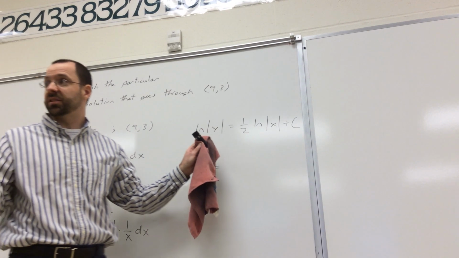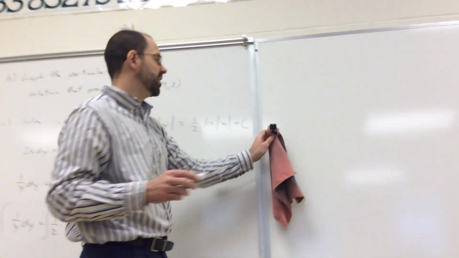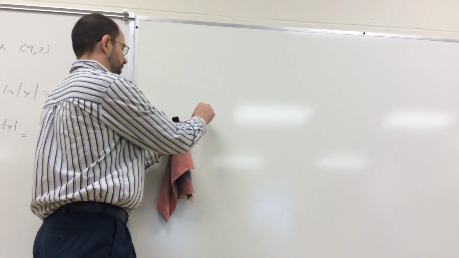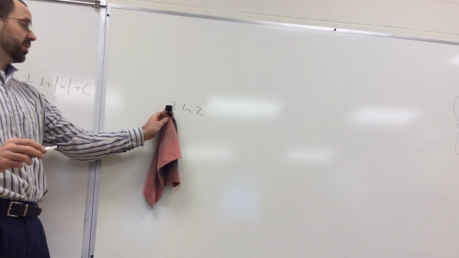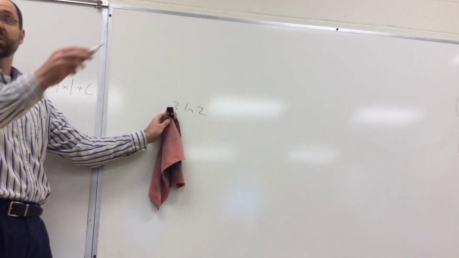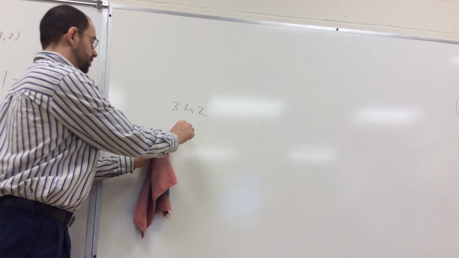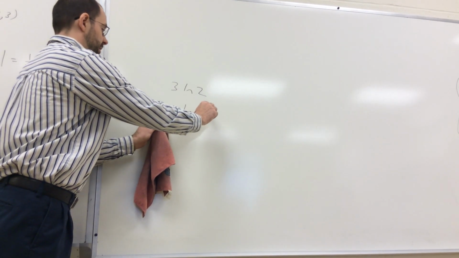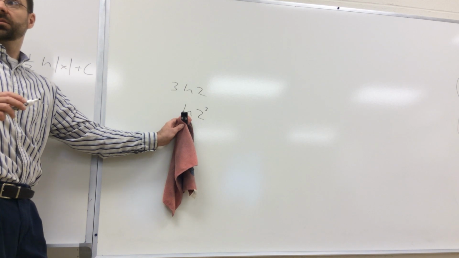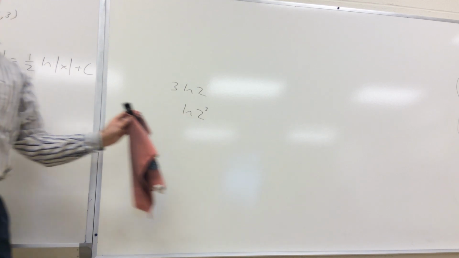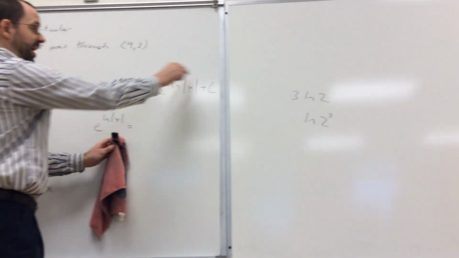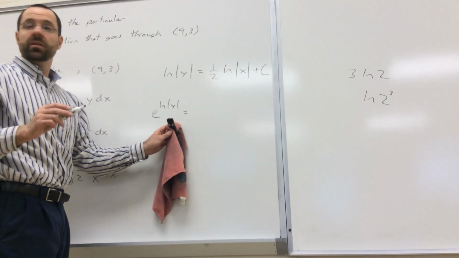That would be legal. That's not what I'm thinking of. So let's say you have 3 times the natural log of 2. The 3 can be an exponent inside. So you can make that the natural log of 8. So this will be cleaner if I make this a 1/2 power inside.